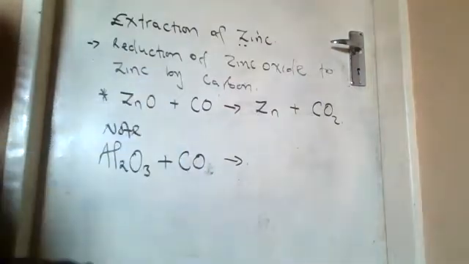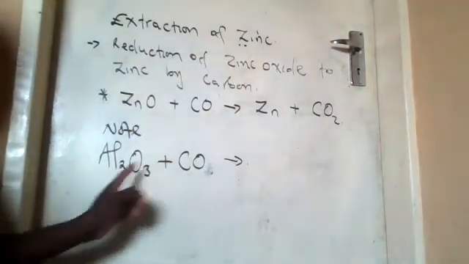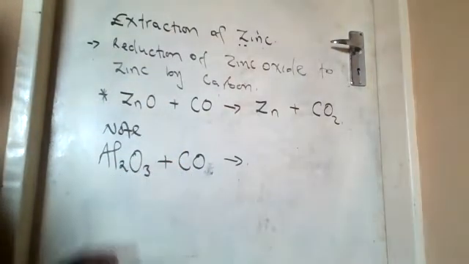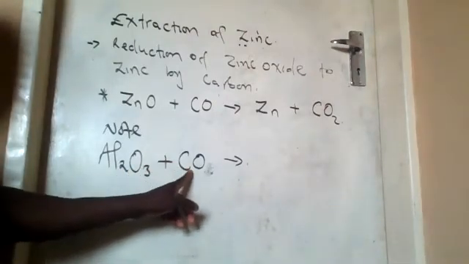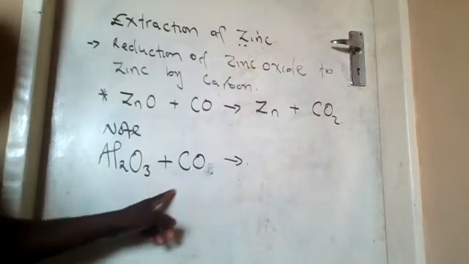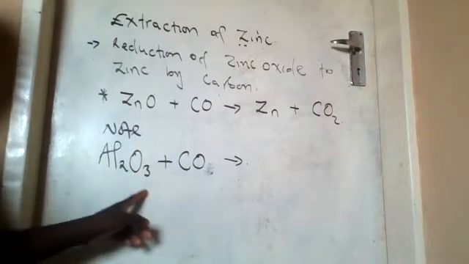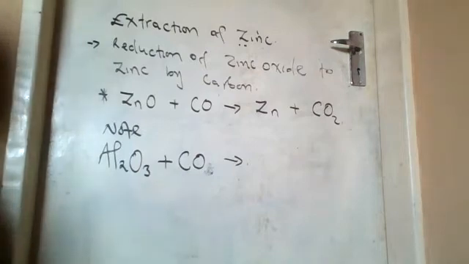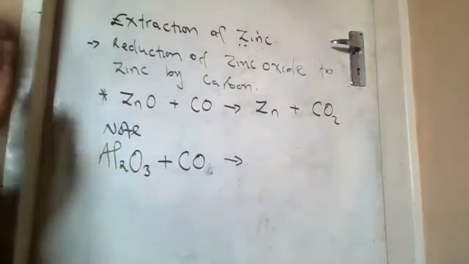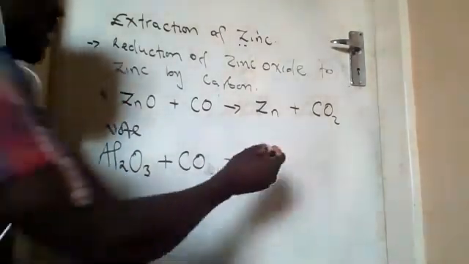Why? We have to look at the reactivity of the entities here. Aluminium is more reactive than carbon. Therefore, carbon cannot remove the oxygen from it. That may sound a bit strange because we haven't yet looked at the reactivities of elements, and that's a point we'll get to. But all in all, this reaction cannot happen.